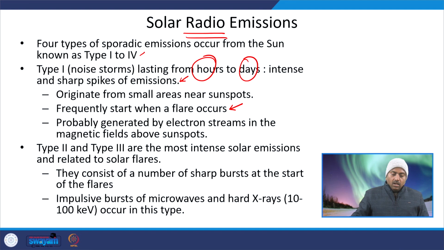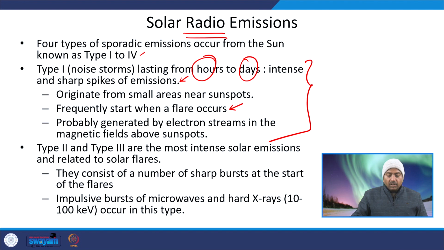Right. So, type 1 solar radio emissions, solar noise storms, start when the flare occurs, and these emissions have been spotted near the sunspots. Okay. And they are probably generated by electron streamers in the magnetic fields above the sunspots. Okay. So, this is some basic information about the type 1 noise storms or radio emissions.